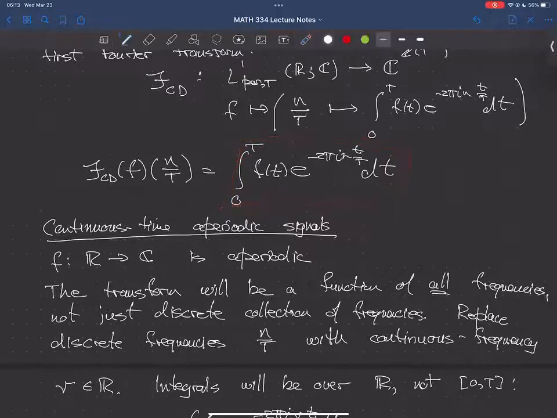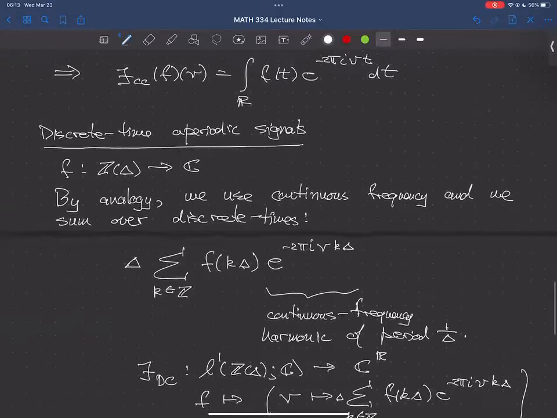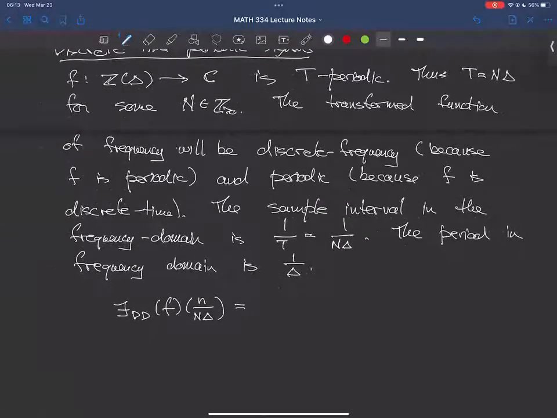And so I'm going to get a sum now over one of the periods, let's say k equals 0 to N minus 1. It doesn't matter which period you use, but that's the one we're going to use. So it's f of k delta.